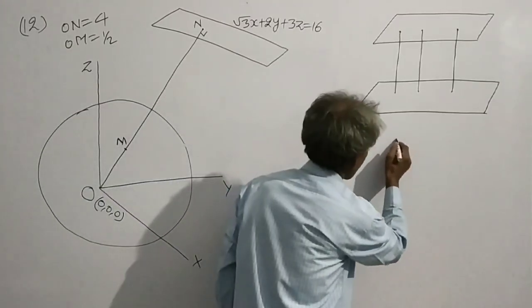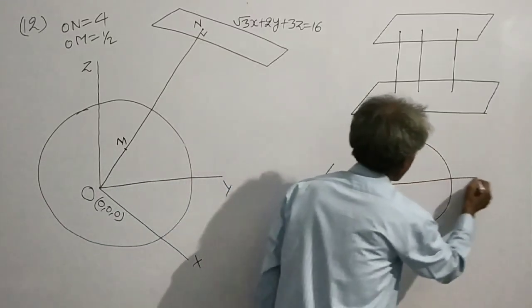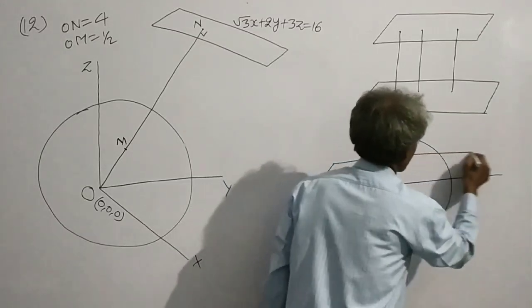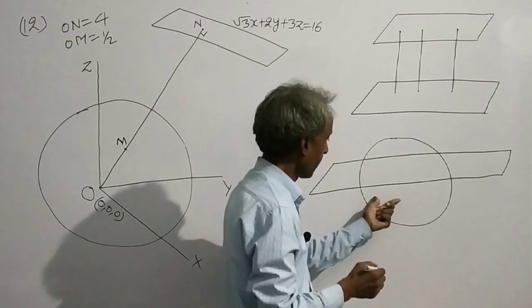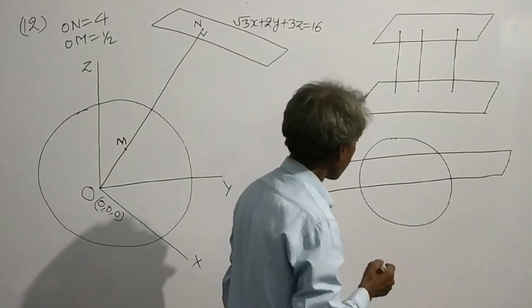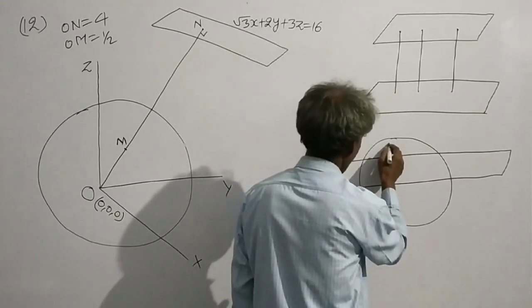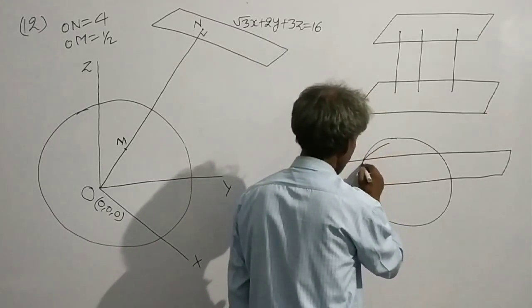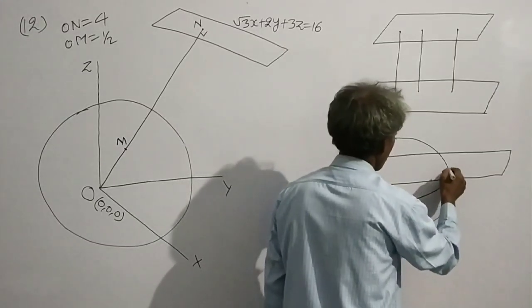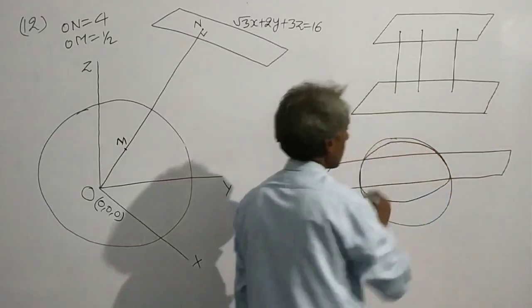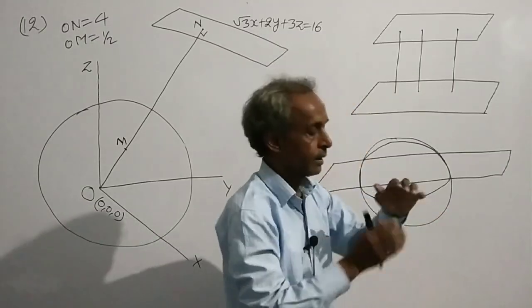A sphere and a plane. When a sphere and a plane intersect each other, we get a circle like this on the surface of this sphere.